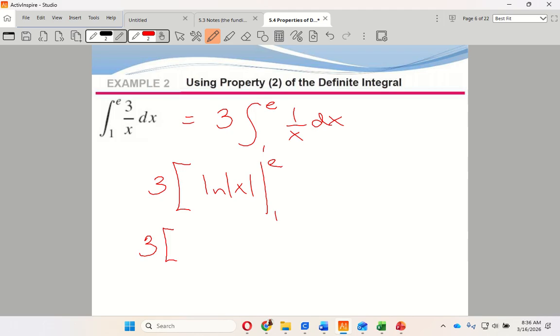What is ln of e? 1. ln of e is 1 minus ln of 1. What is ln of 1? 0. Very good. ln 1 is 0. So that's going to be 0. So this is going to give me 3, which is just 3.